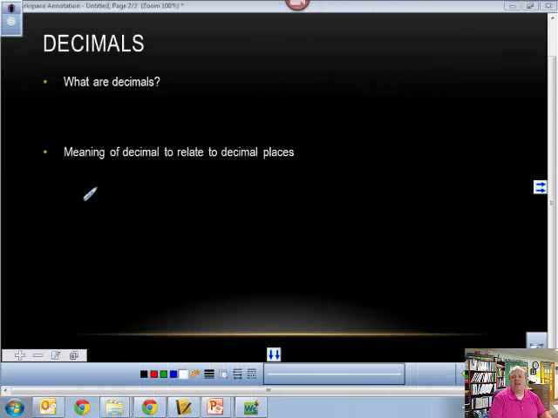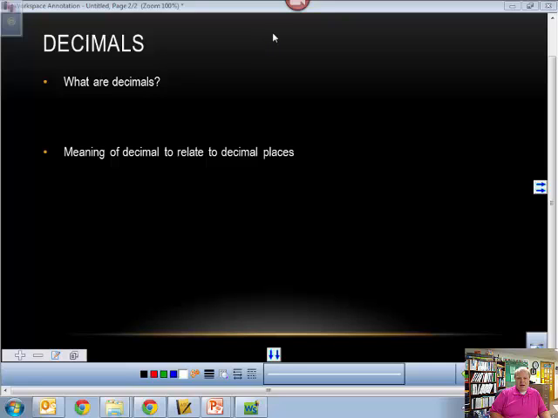One thing we need to do before we get too involved with today's lesson is talk about what decimals are. First, just something I'm always interested in is where things come from. The word decimal itself comes from the Latin word decimus, which means 1/10.